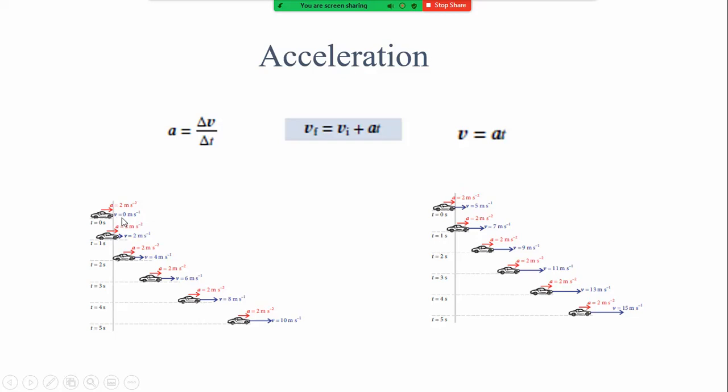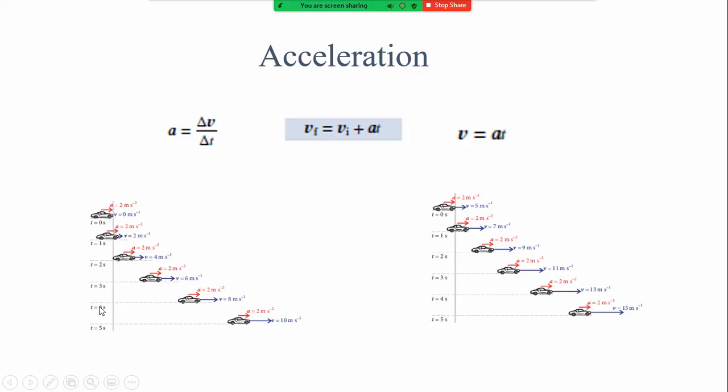So velocity is 0, acceleration is 2 meters per second squared. Then after 1 second from being 0, your velocity is now 2. And 2 seconds later, it's now 4. 2 more seconds later, it's then going to be 6, because 2 times now a total of 3 is 6.